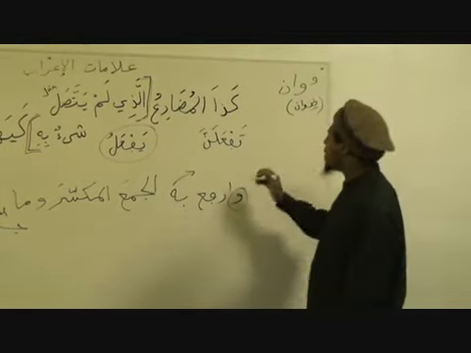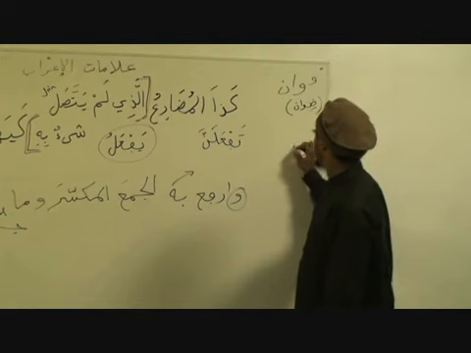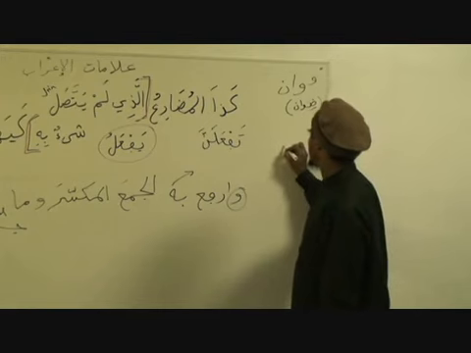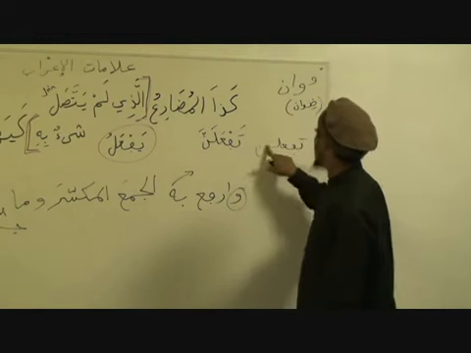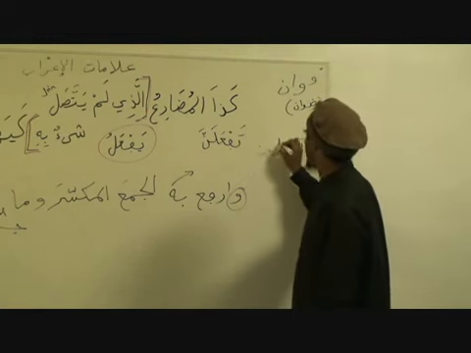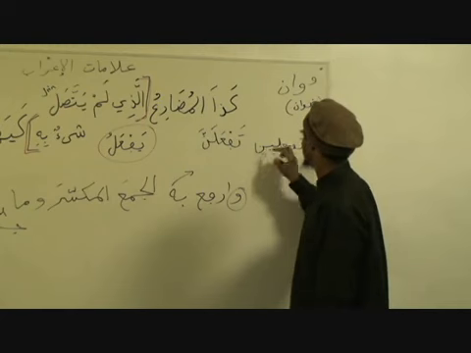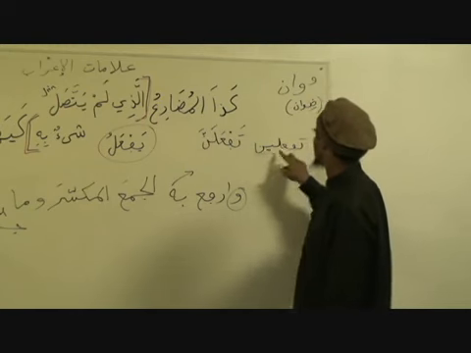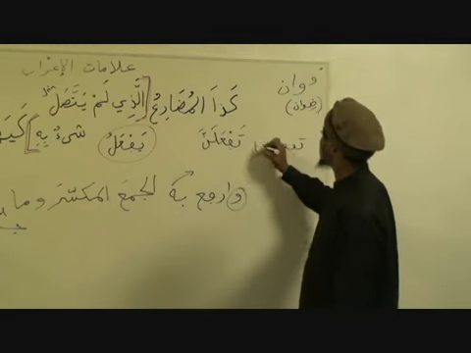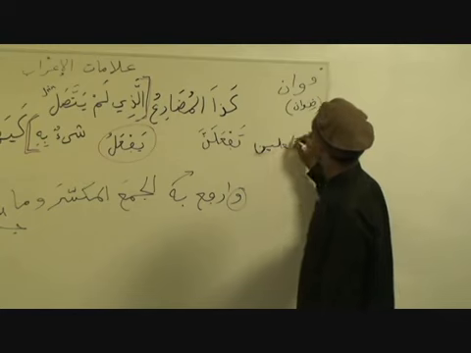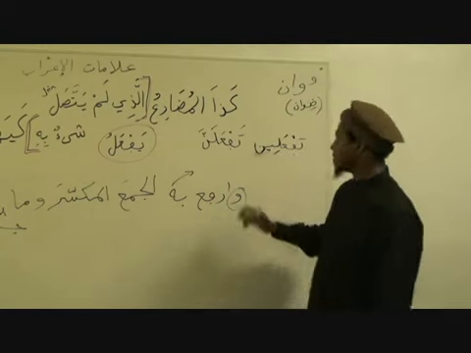Or if I want to say yaf'alin, you know, taf'alina. I'm talking to a lady, a young lady, and I say to her, sataf'alina. Like this. Oh, my writing is real terrible today. Taf'alina.